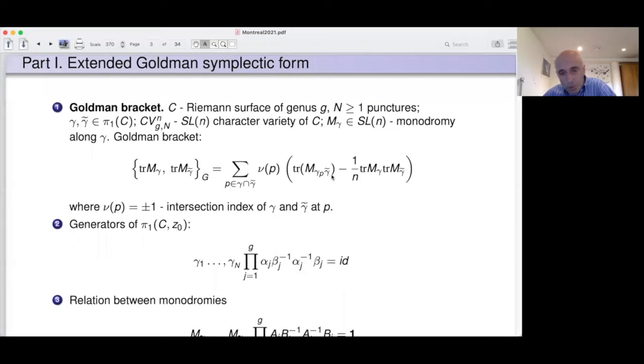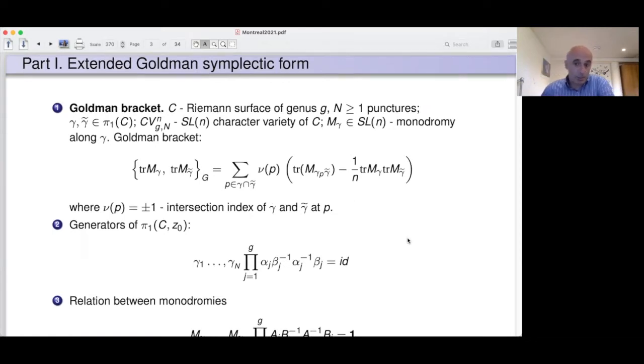We get a new contour, look at the monodromy along this loop and its trace. This gives the contribution of the intersection point P to the intersection index of the loops gamma and gamma tilde. So that is the classical result, the Goldman bracket. In the PSL2 case, it's the same as the Weil-Petersson Poisson bracket in the PSL2(R) case.